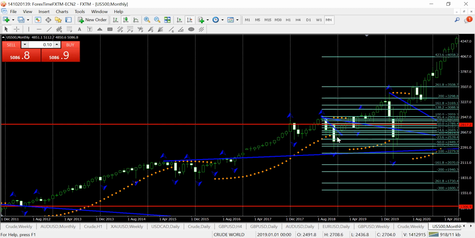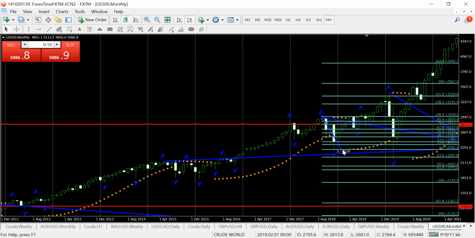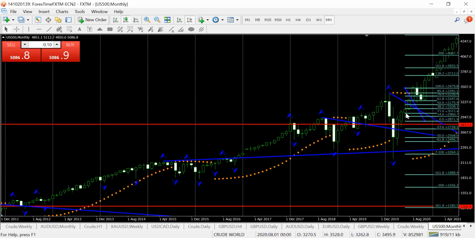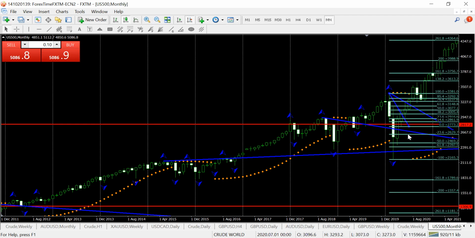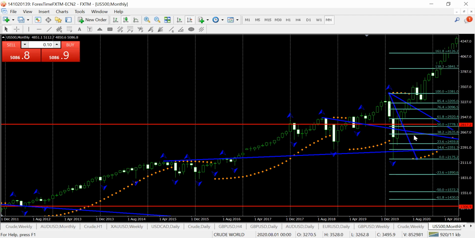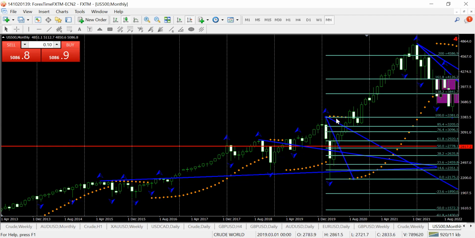So your target here is 161. So the market hits your target before it pulls down strongly into this again. If you take this one again, when this is happening, you take it from here to this point to measure your target because price has broken this.